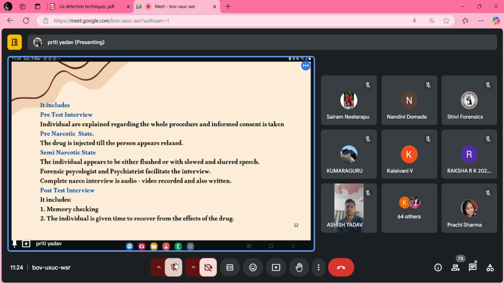It means the individual is going into a twilight state. The brain activity is depressed. At that point, a forensic psychologist and psychiatrist facilitate the interview. They ask questions which are related to the crime, and the complete narco interview is recorded by an audio and videographer.